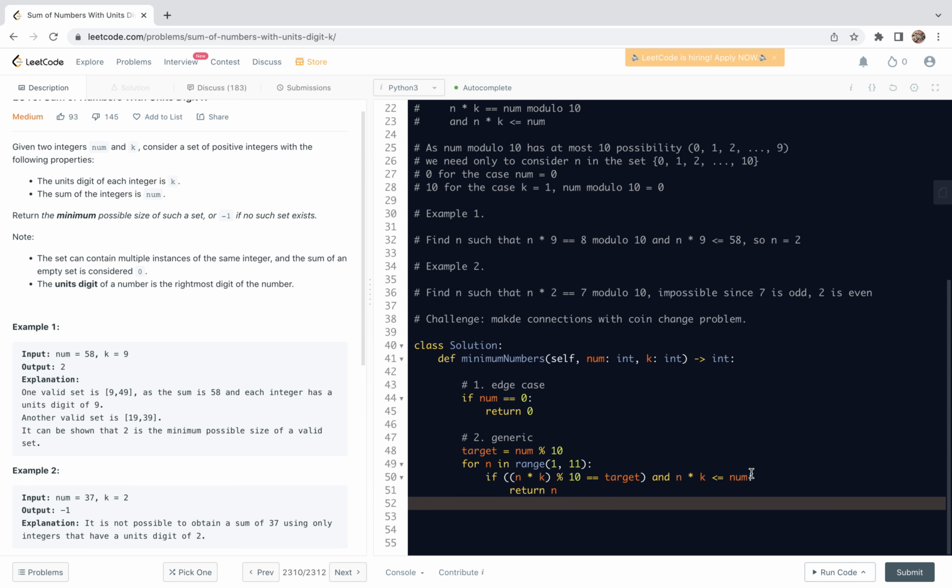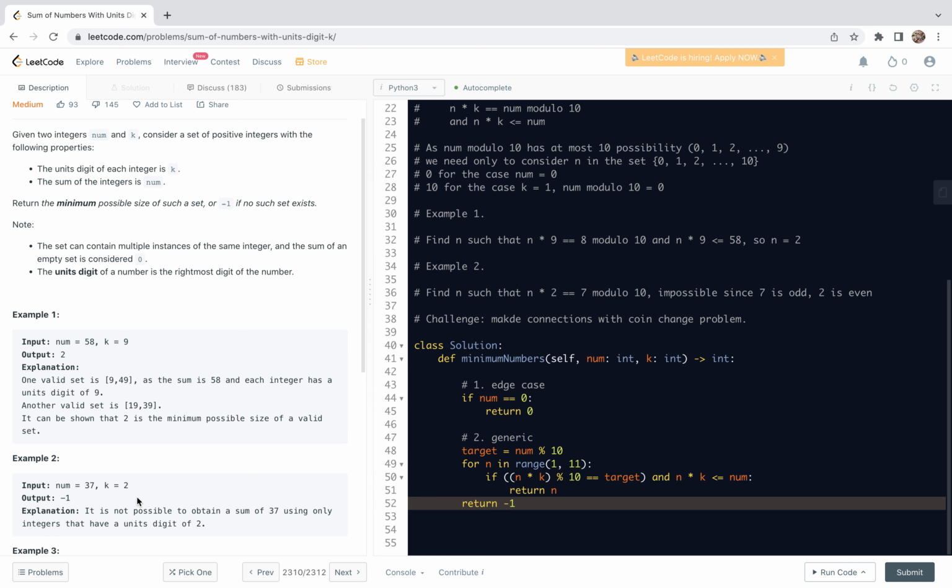Otherwise, if we cannot find such an n, we are going to return -1, like in example 2.